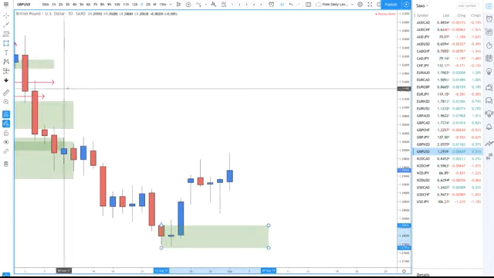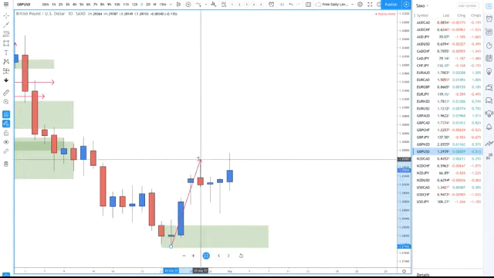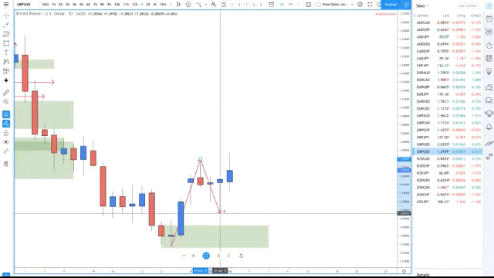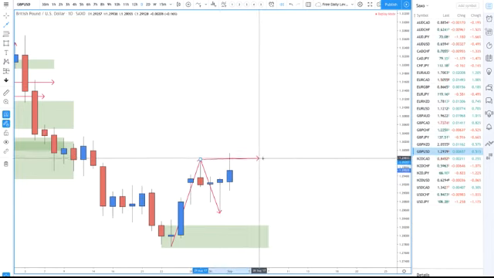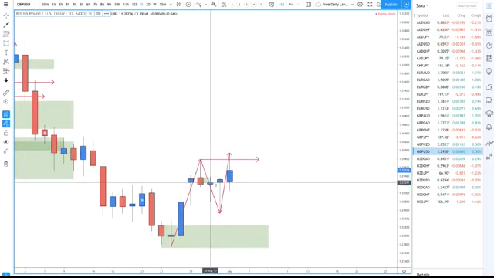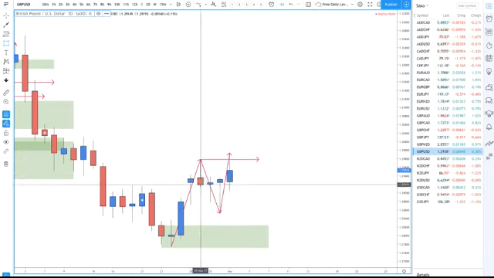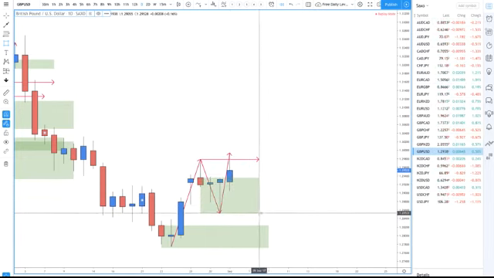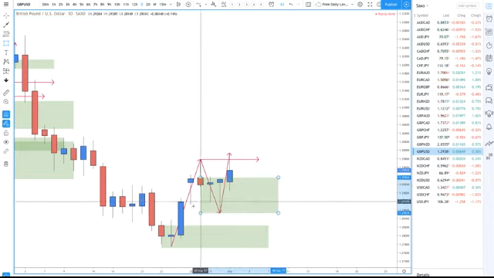When prices came up like this and pulled back, then until prices went beyond that move there, that bullish candle close there, we can draw the demand zone from the last bearish candle open price to the swing low, which is going to be here.